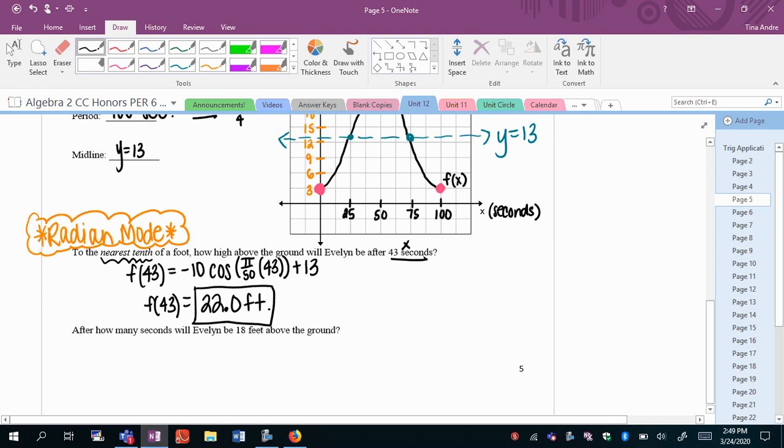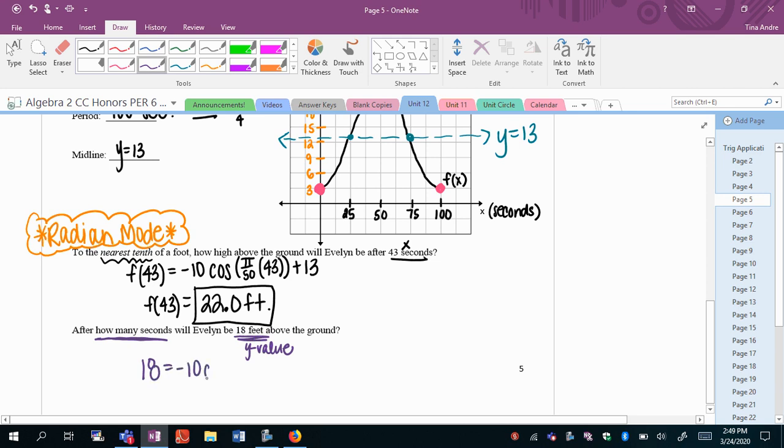The next one is now asking us after how many seconds, so now we're trying to find the time, will she be 18 feet above the ground? So now they're giving us the y value. For this one, what we need to solve is when does our equation equal 18?